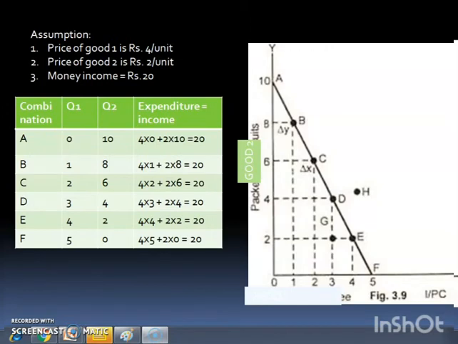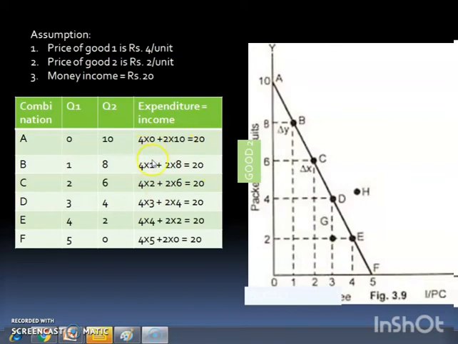We can explain the budget line with the help of a table and also a diagram. This table represents all those bundles which cost the amount just equal to the income of the consumer. When the consumer chooses all these bundles, his expenditure is equal to his income.